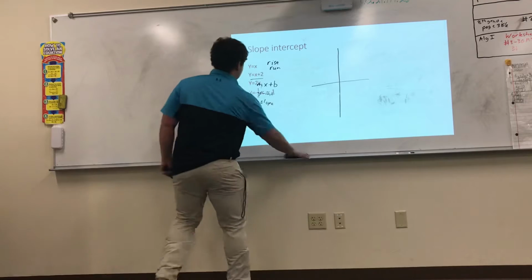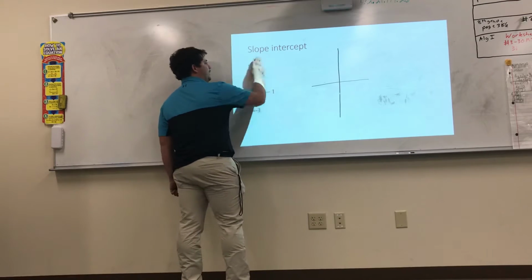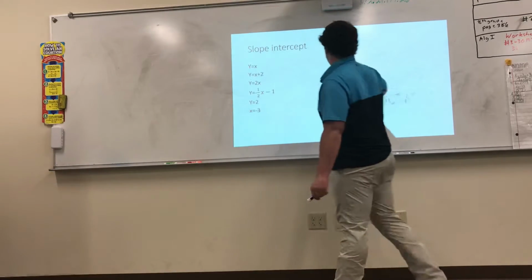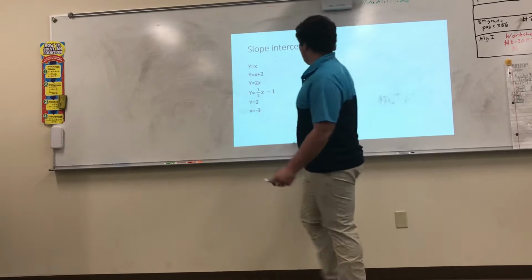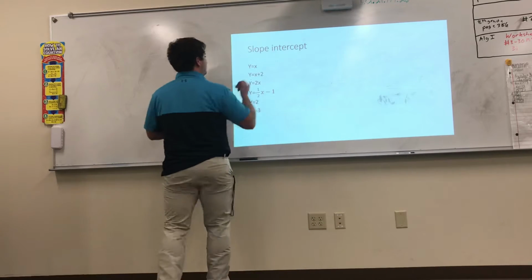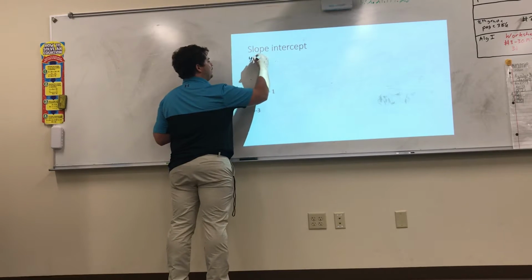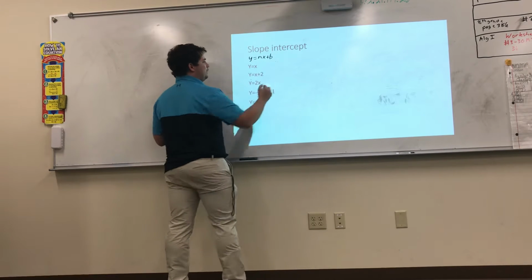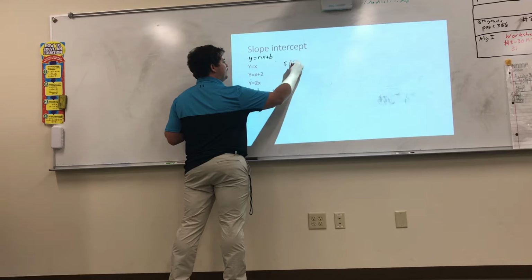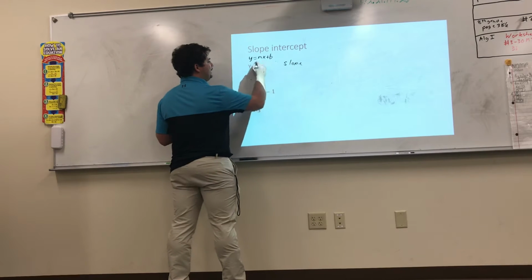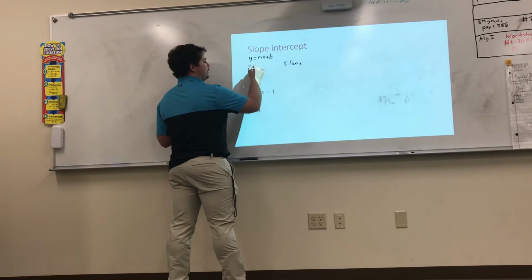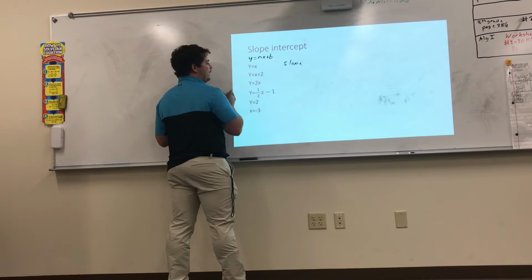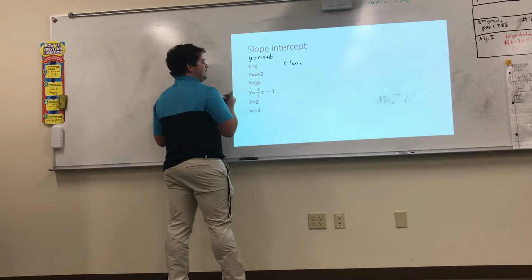Now, this slide gives us some equations. Obviously, our equation is y equals mx plus b. If I had to decide what my slope was for this first equation, I need to look in front of my x. In this case, there's nothing there. What can I multiply by x and still get x?